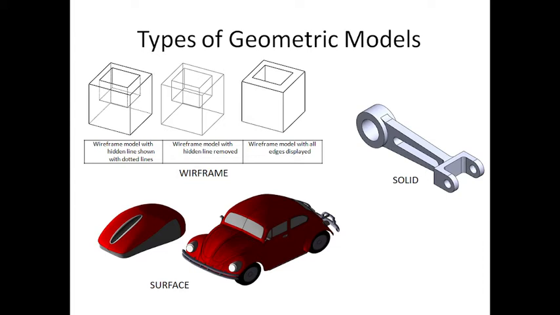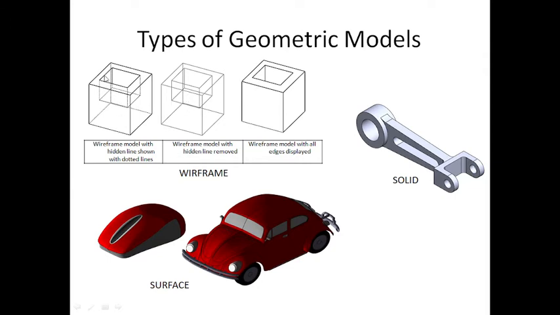When we talk of the wireframe model, you are representing a solid with the help of its defining edges. For example, this part is being defined with the help of all its edges. And in this wireframe, you typically have three variants.